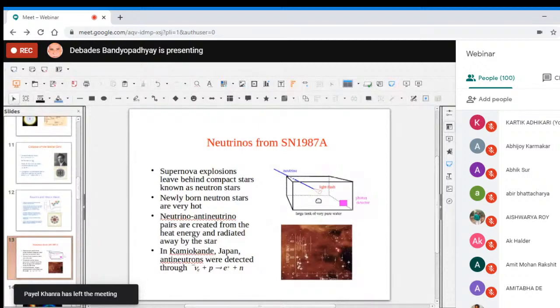tank of water, it interacts with the proton of the hydrogen nucleus in H2O. Each hydrogen nucleus has a proton. So at the bottom, this antineutrino interacting with a proton gives a positron and a neutron.